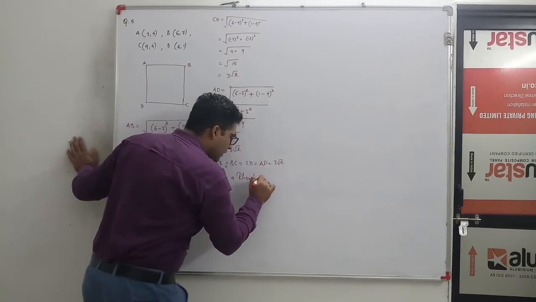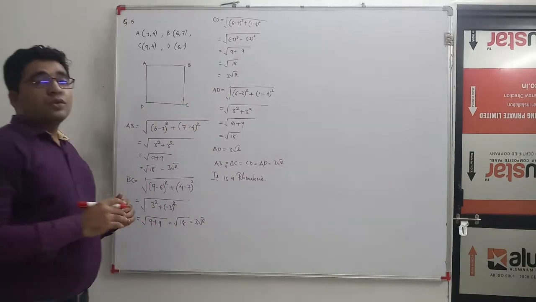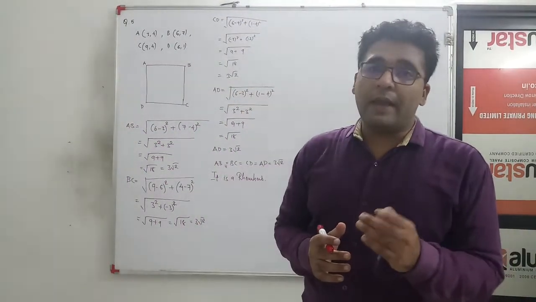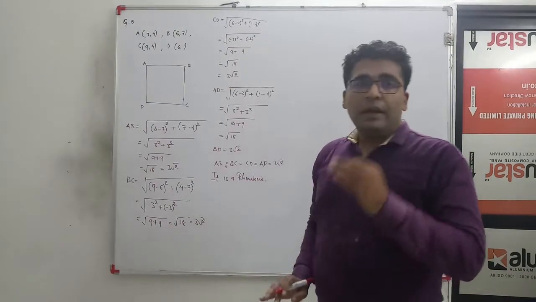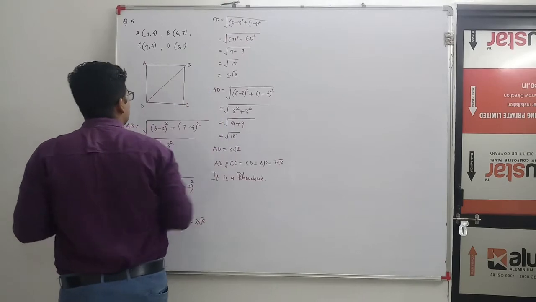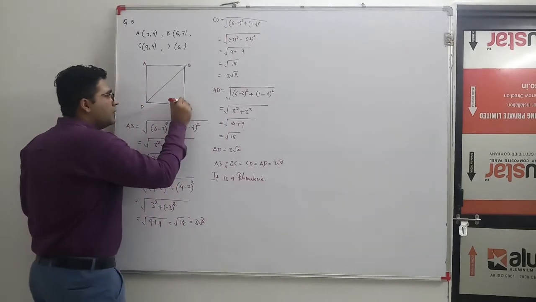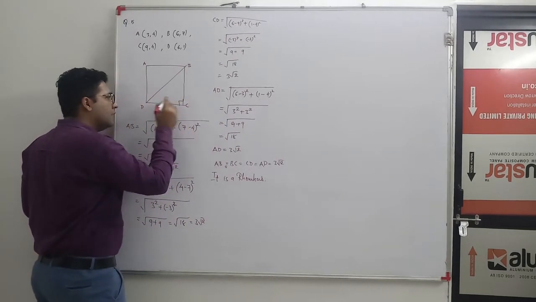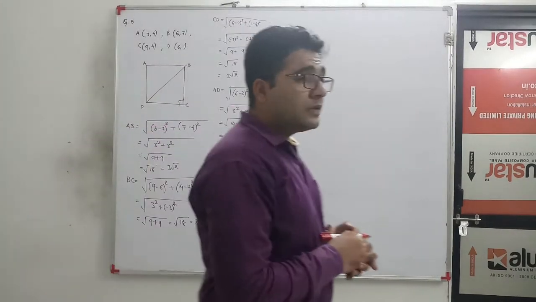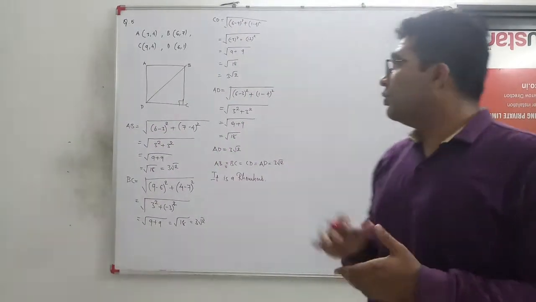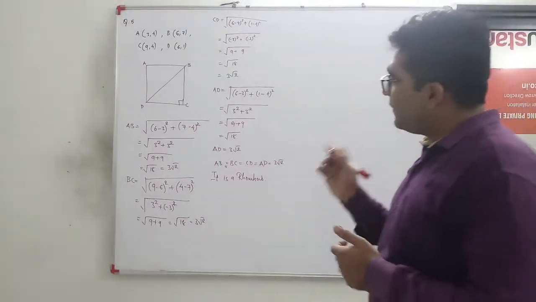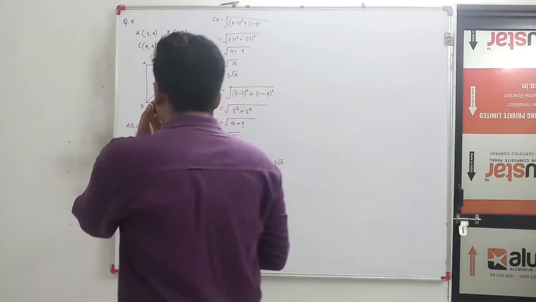Now, to prove that a quadrilateral is a square, all sides should be equal, and if I draw one diagonal, then the sum of the squares of the sides should be equal to the square of the diagonal. It means if BD square is equal to BC square plus CD square, then angle C is 90, and after that I can say that it is a square.